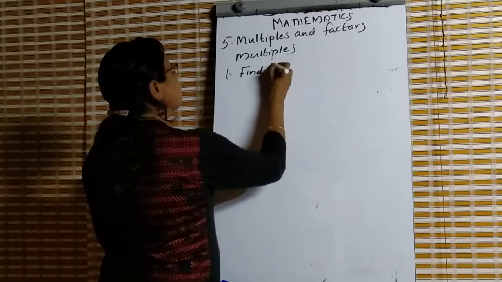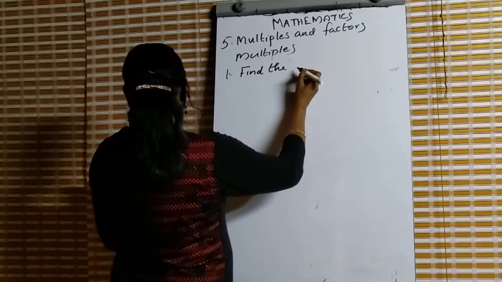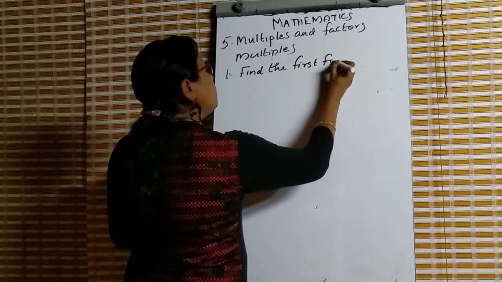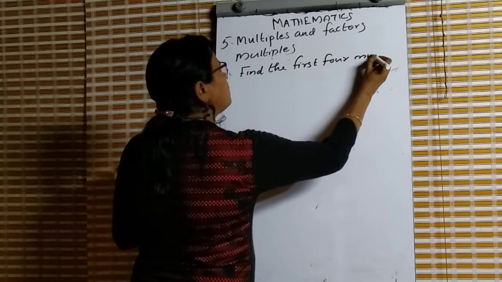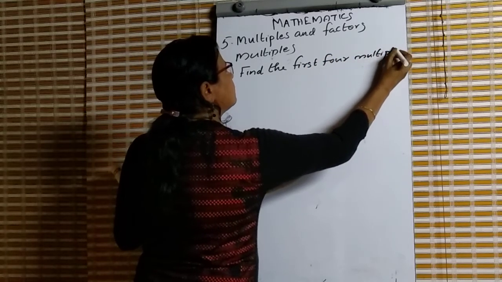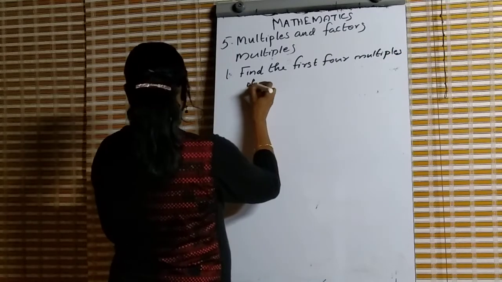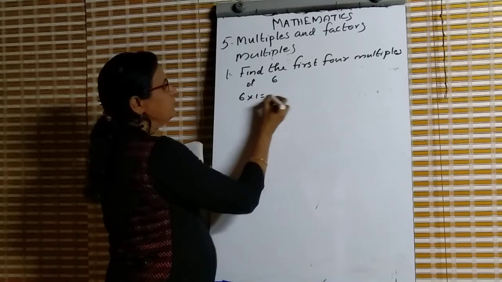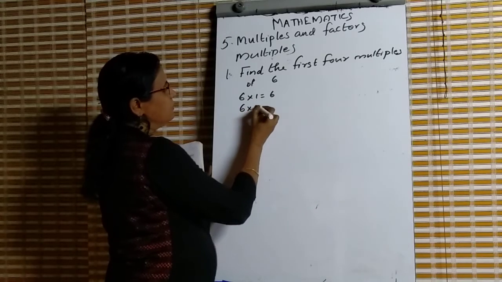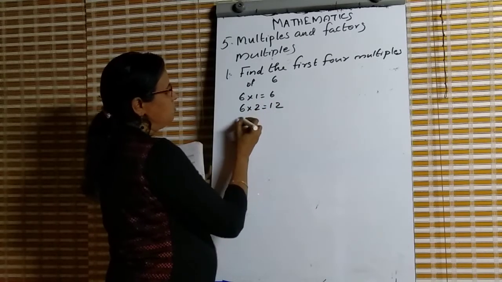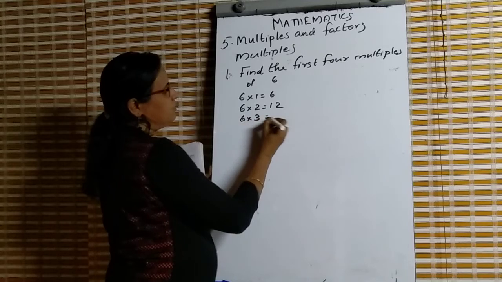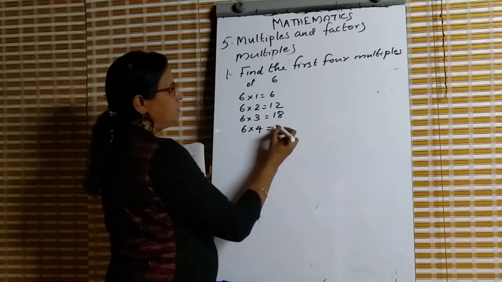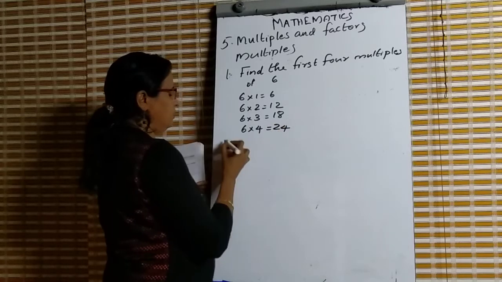Find the first 4 multiples of 6. Listen. 6 into 1 is equal to 6. 6 into 2 is equal to 12. 6 into 3 is equal to 18. 6 into 4 is equal to 24.